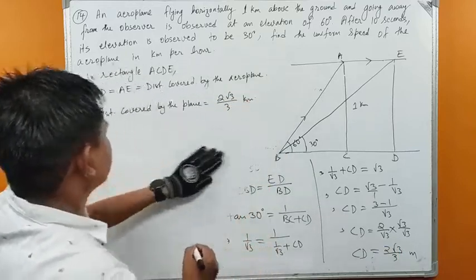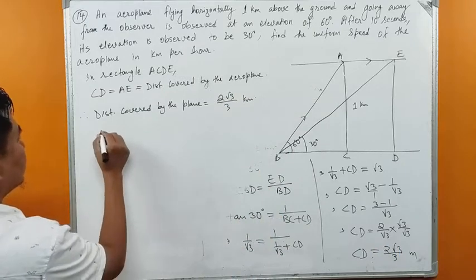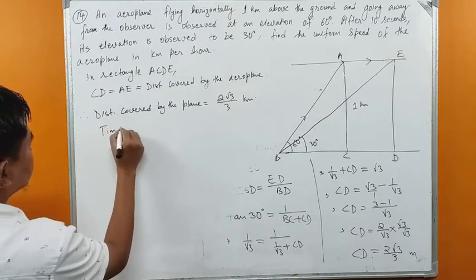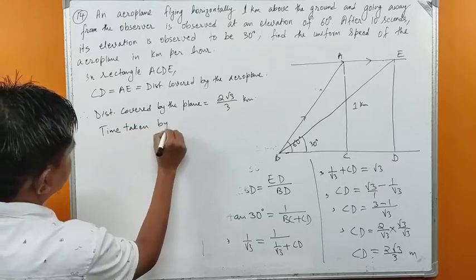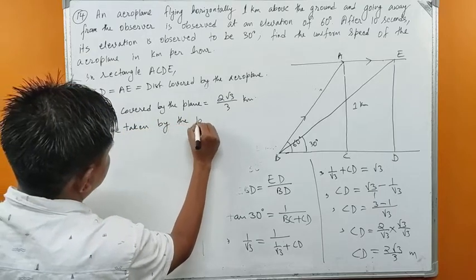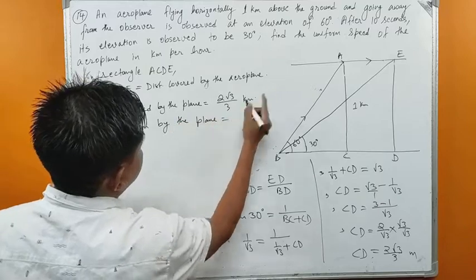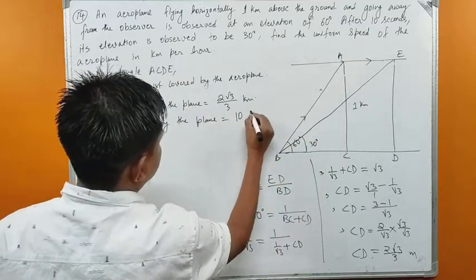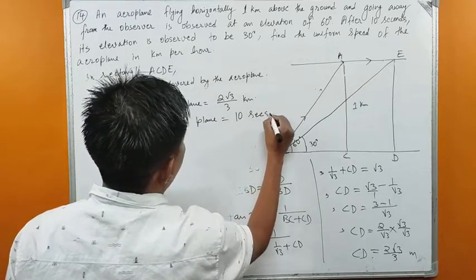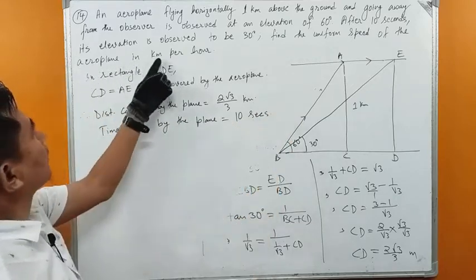And time taken by the plane equals 10 seconds. So we are asked to find the speed in kilometer per hour.